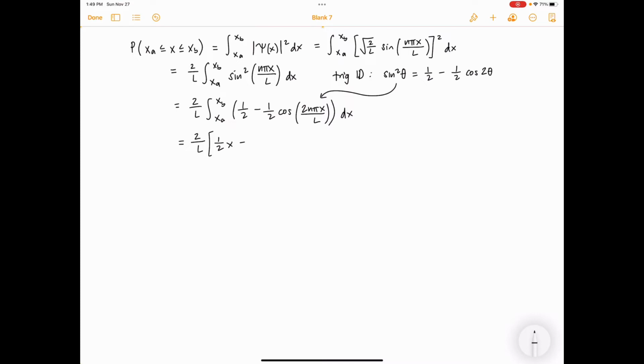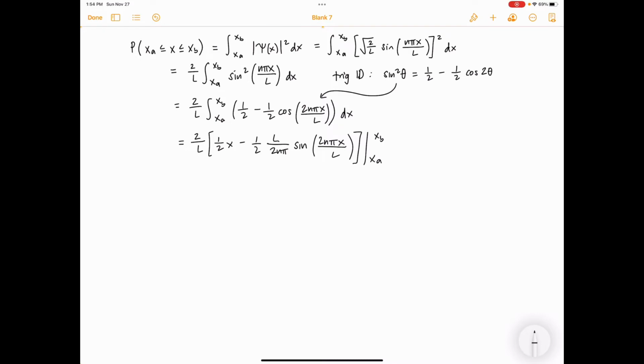We have to multiply by this factor, L over 2n pi, to account for what's inside of the cosine function. So we have 1/2 times L over 2n pi, and then the sine after integration, again cosine becomes sine, of 2n pi x over L. And since we're evaluating this at the limits, that's evaluated between xa and xb.